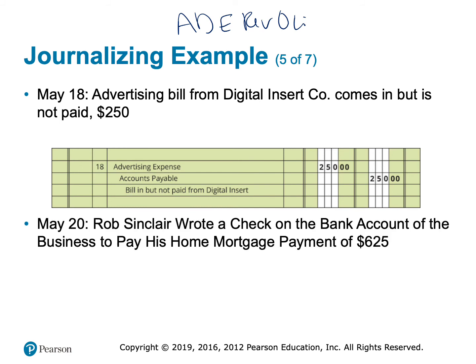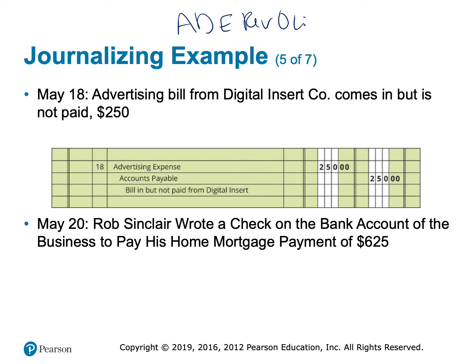Here I'm told that Rob Sinclair wrote a check on the bank account to pay his home mortgage. All right, first of all, let's pause a minute. This is not technically illegal, but it's bad business practice. You really want to keep your personal finances and your business finances completely separate. If Rob Sinclair wanted to withdraw some money from his capital account, because obviously he's the owner and he can make that decision, then he could use that money for anything he wanted.